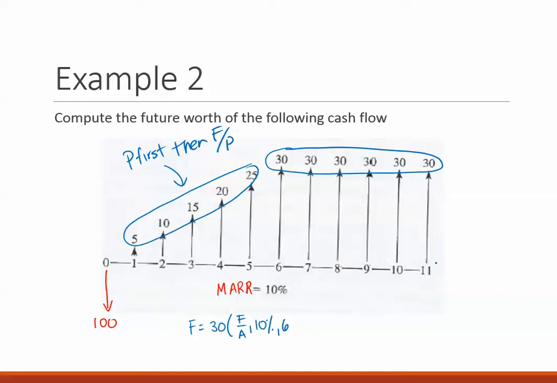And it doesn't matter where those periods are at this point, since these start immediately and finish in that place, so this is a perfect candidate for just a simple F given A. And then plus 5, P given A, 10% for 5 periods, plus 5, P given G, 10% for 5 periods.